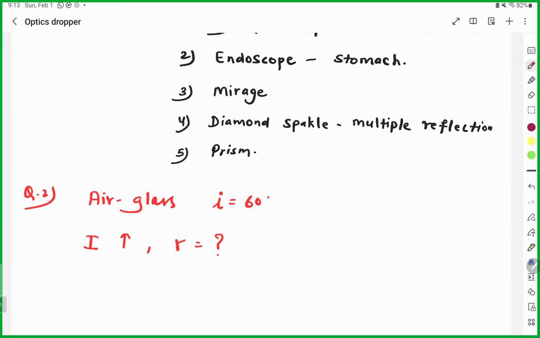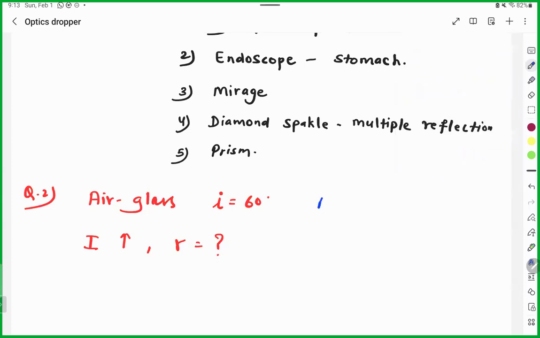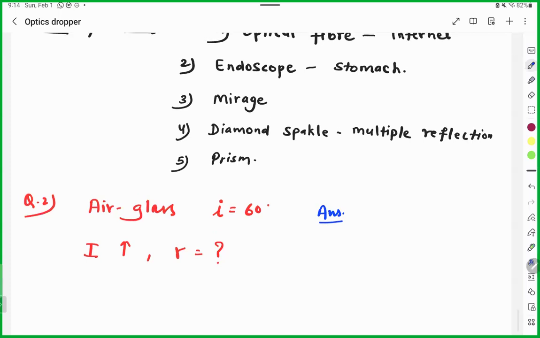Sir, it will increase. Chandana, will it increase, decrease, remain same? Increases. Barinder, sir, it'll remain same. Jordan, what is your answer? It'll increase, sir. Pratigya.